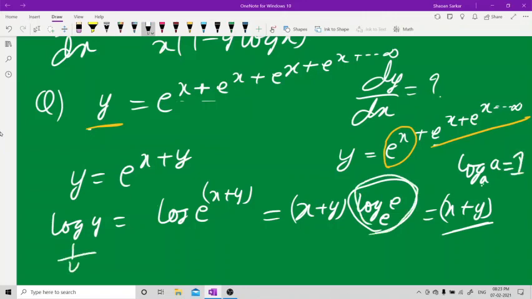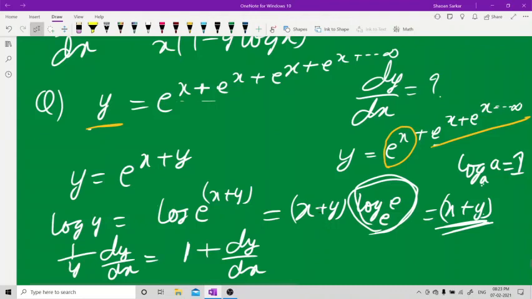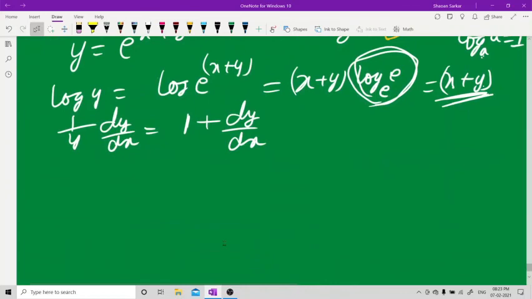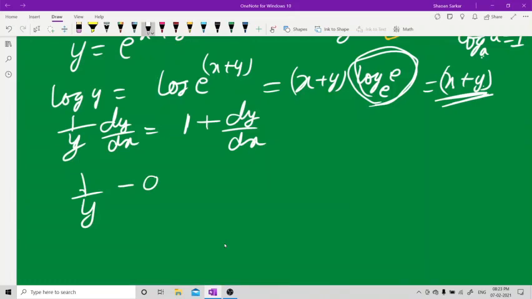Now take the derivative: 1 upon y dy by dx. On the right side, derivative of x is 1 and derivative of y is dy by dx. Now take dy by dx on one side. So 1 upon y minus 1 dy by dx is equal to 1.